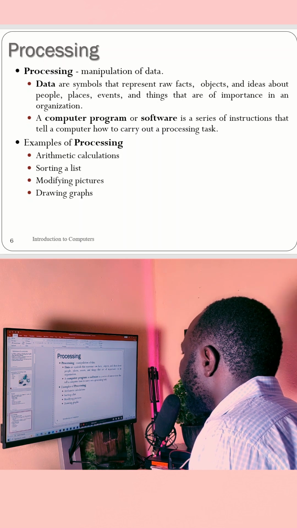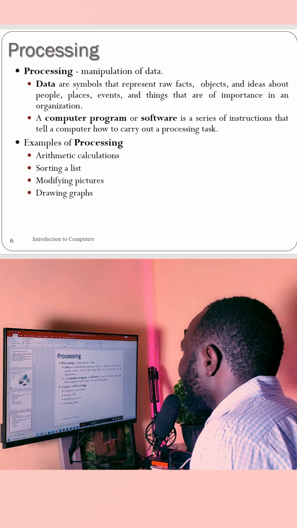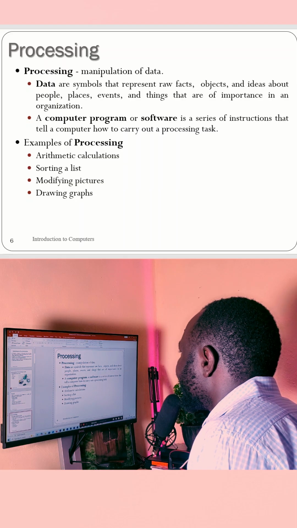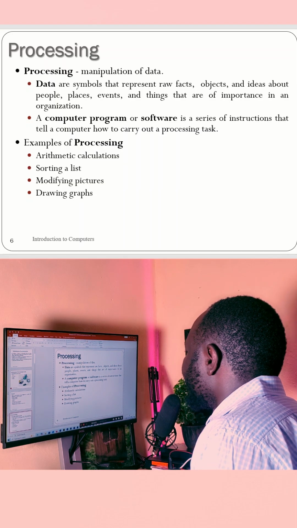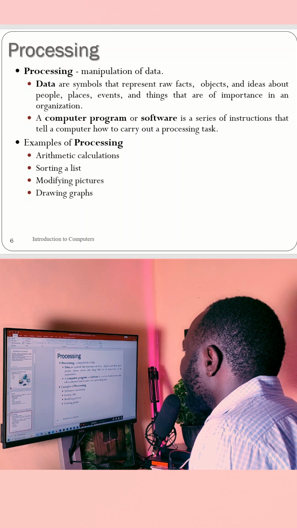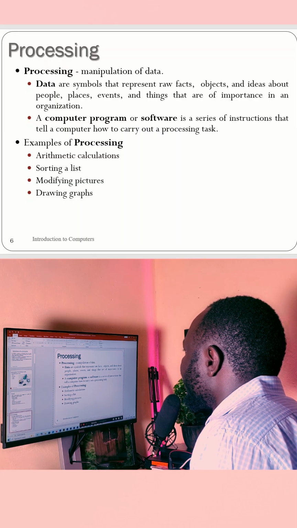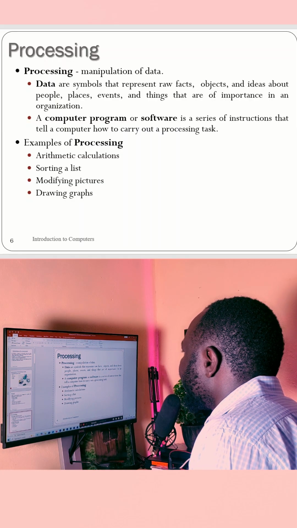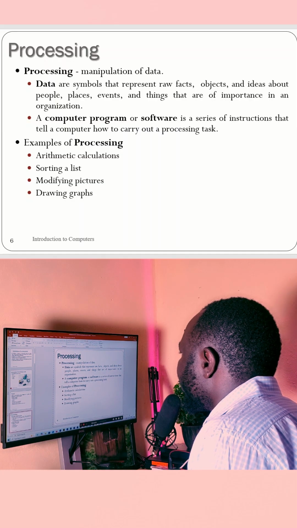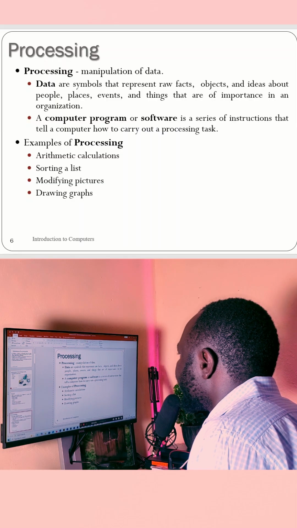That is now getting complicated. The processing activities, rather, to make it simpler. We have examples of processing. We have arithmetic calculations, we have sorting a list, we have modifying pictures, we have drawing graphs.